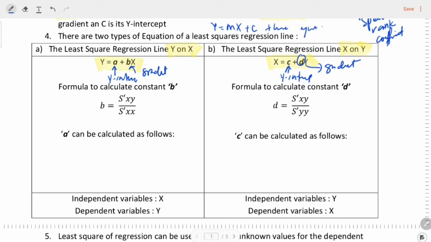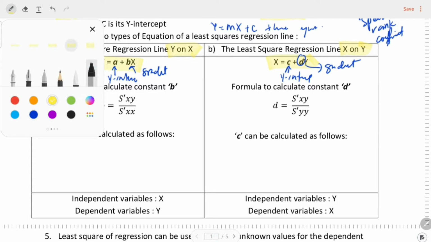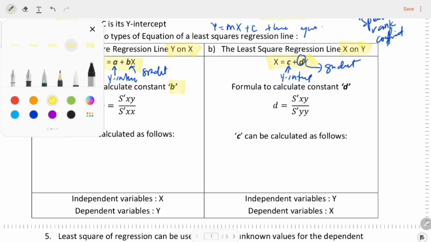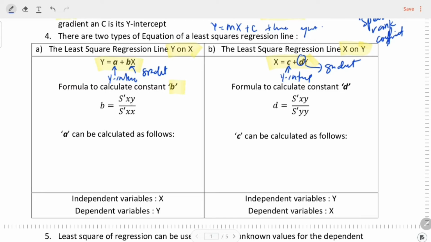There is a special formula to calculate the constant b in our least squares regression line y on x. How to find b? b is simply S prime xy over S prime xx. What are S prime xy and S prime xx?